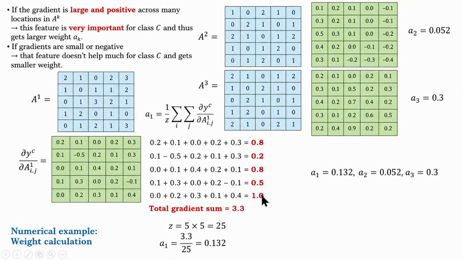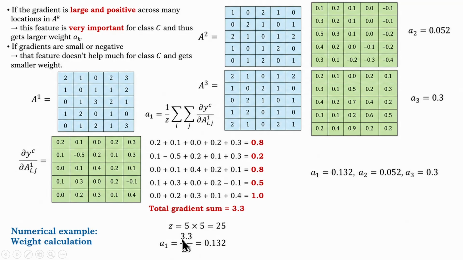Once we get all these, we have to take the total gradient sum, which is 3.3. And the Z value is 25. So here the Z value is 25, and this entire equation is giving us 3.3.